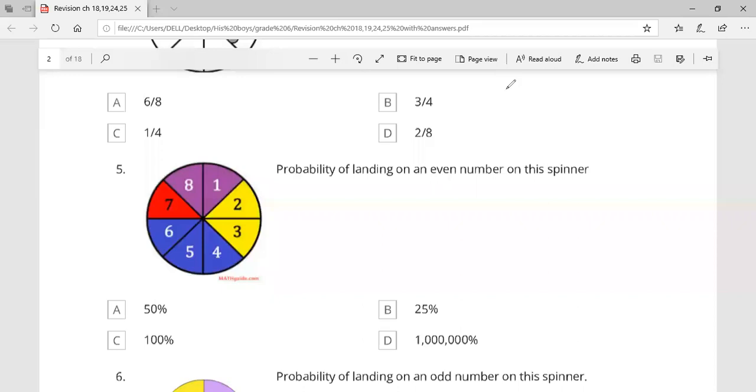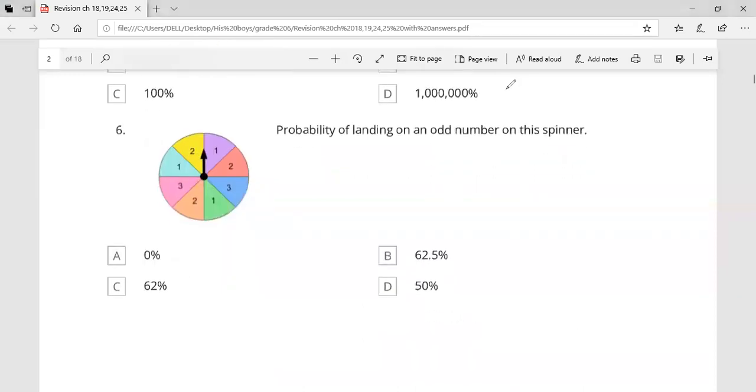The next one, probability of landing on odd. As we said, odd numbers in our spinner here: 1 is odd, 3 is odd, 1 also. We have to count again. 1, 3, 1, 3, and 1 also. How many? 1, 2, 3, 4, 5.